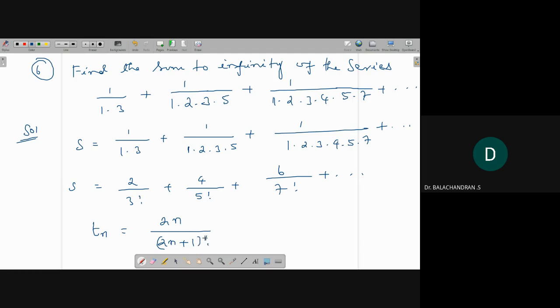Now I can add and subtract what? 1. Here it is a little bit easier. The numerator is also linear, the denominator is also linear. So if you see here, I want to write the numerator in terms of the denominator, just add and subtract 1.